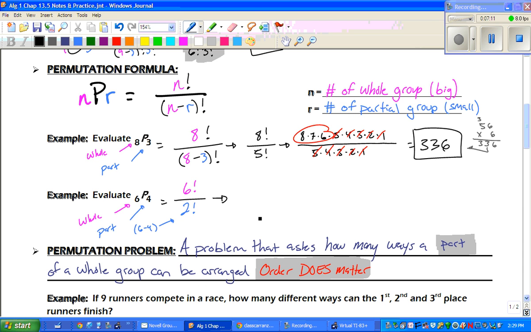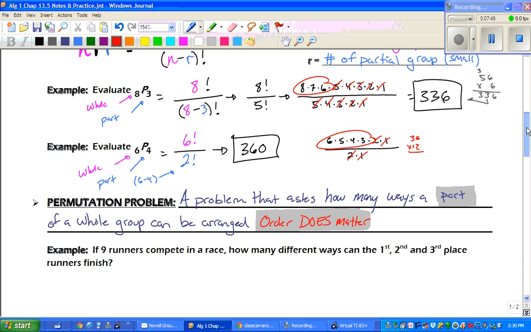And then when you plug that into your calculator, you should get 360. And if you're doing that in your head, 6 times 5 times 4 times 3 times 2 times 1, all over 2 times 1, your 2 cancels and your 1 cancels, and you're left with 30 times 12. And that's going to get you 360. So the key thing when you're doing the permutation is that order does matter.